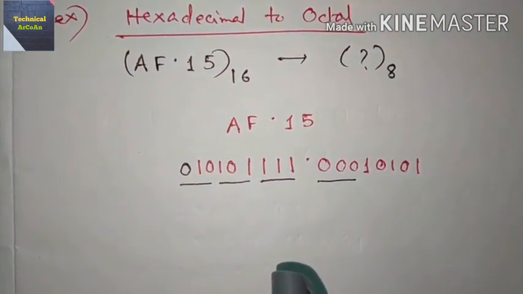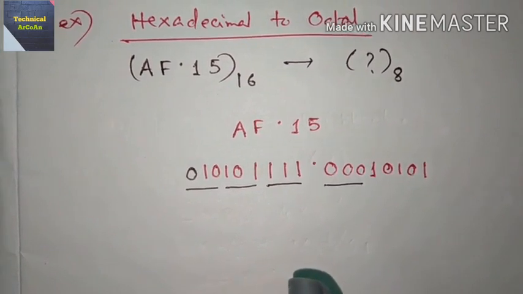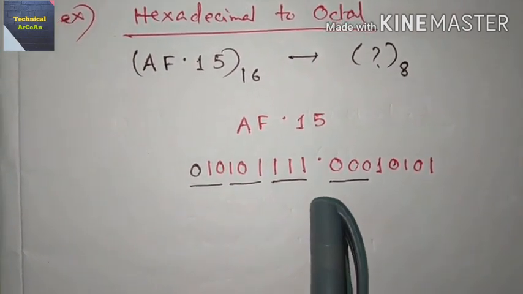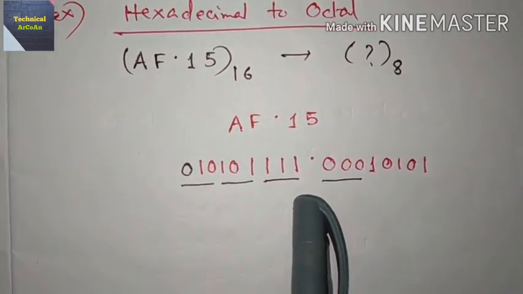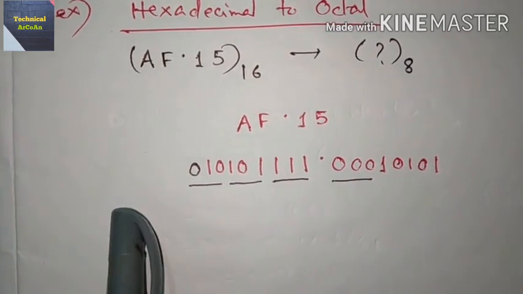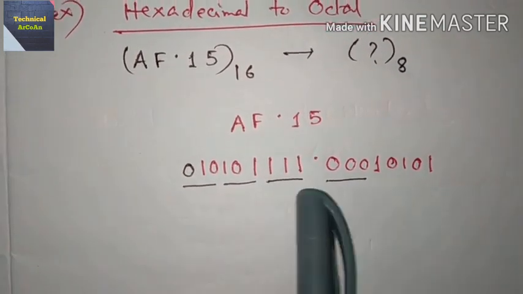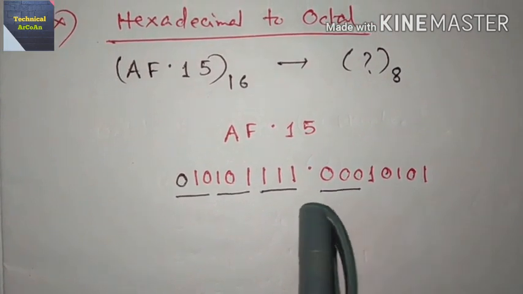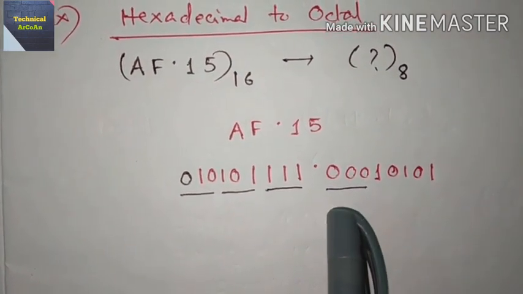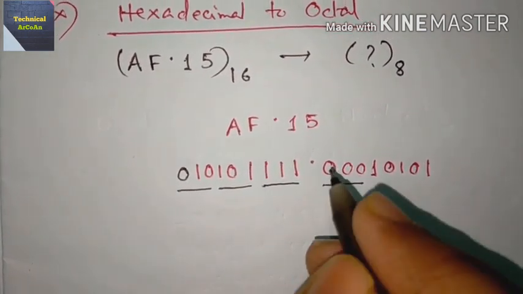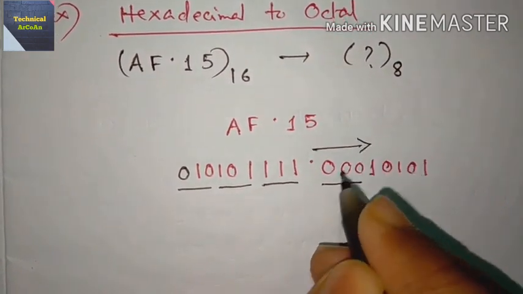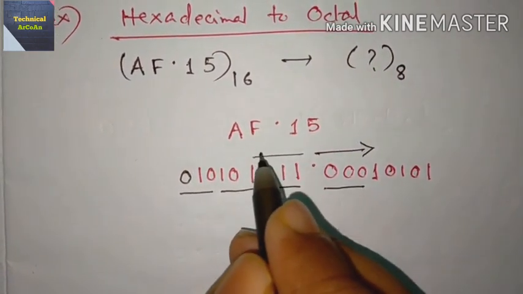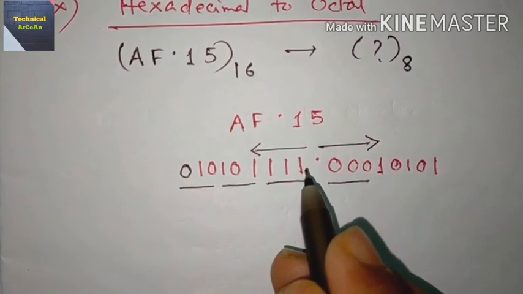As far as the fraction is concerned, before the point the groups are formed from right to left, and after the point the groups are formed from left to right.